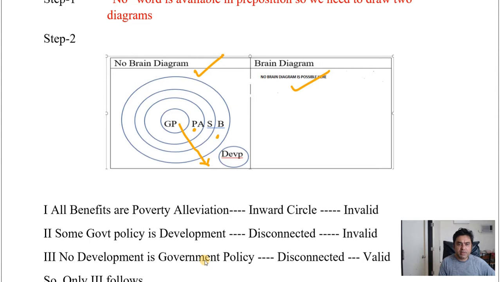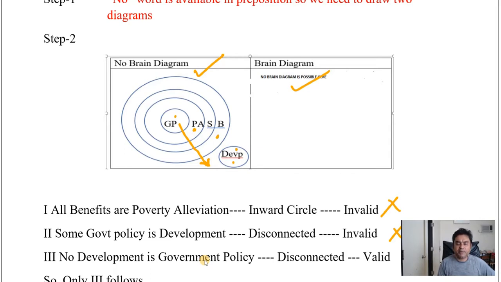Development is here and government policy is here. It is disconnected, so this is also invalid. No development is government policy. So it is separated. Therefore it is no, and in the conclusion it is also given no. So this is a valid conclusion.